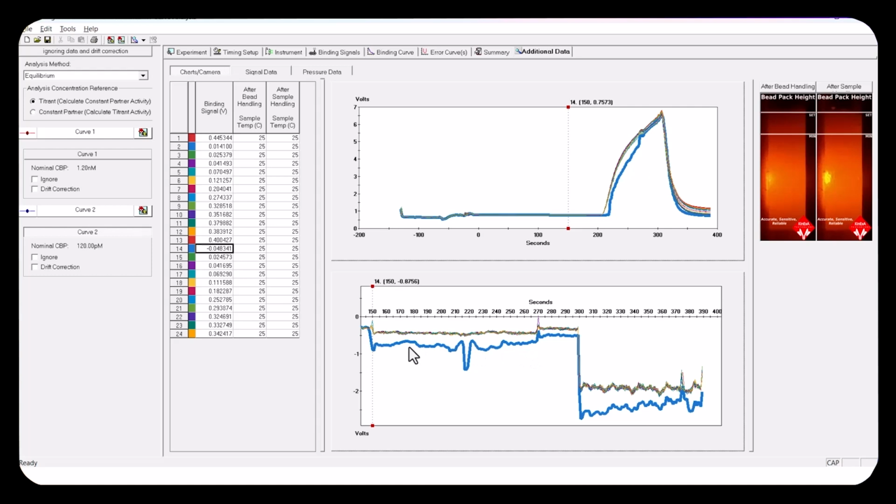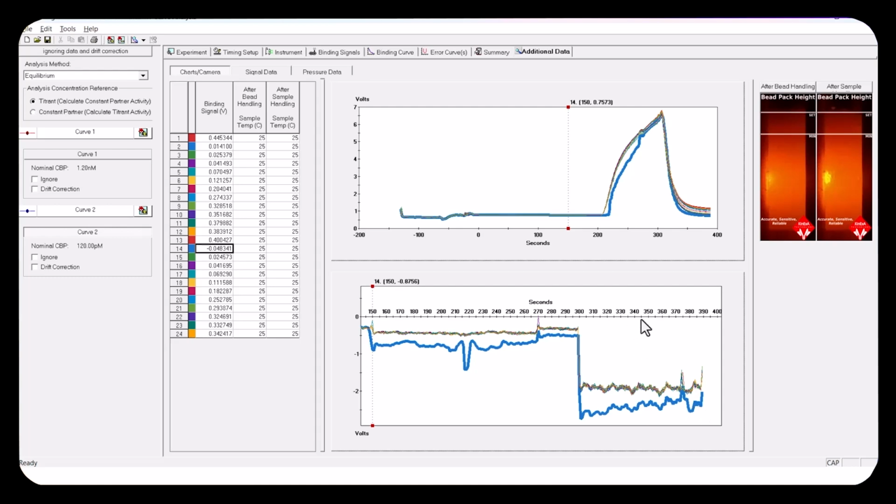So it's a lower pressure. That means there's some kind of obstruction to the flow. And it starts when we introduce the label, but it ends at 270 seconds, you can see here. And this is buffer again. It's flowed at the same rate as the label, which is 1/4 mil per minute in this case. And then we switch to a faster wash rate, and the pressure anomaly continues through both of those washes.